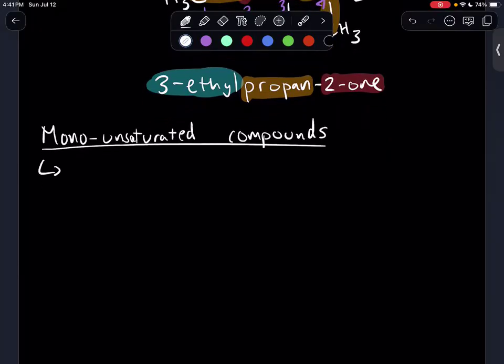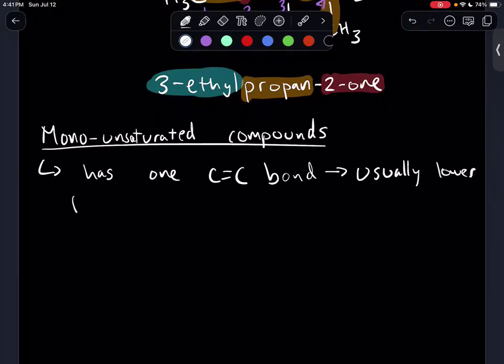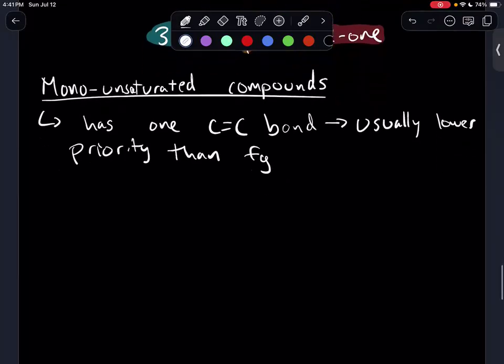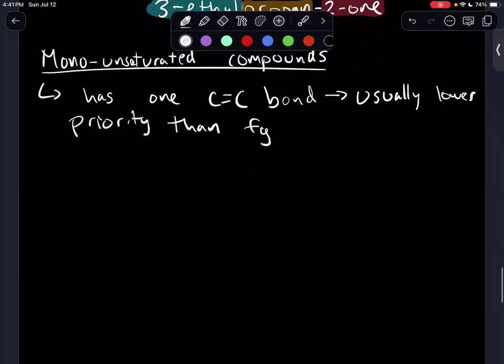A monounsaturated compound is just a compound that has one C=C double bond, and that's always going to, or usually, be lower priority than the functional group. So that's going to be something that has functional groups, maybe one, maybe two, maybe three, and a double bond. And that double bond will usually have the lowest priority. I say usually because it's not always true.